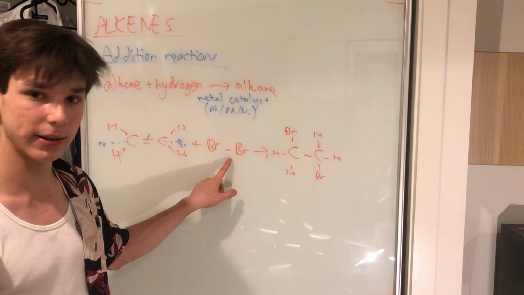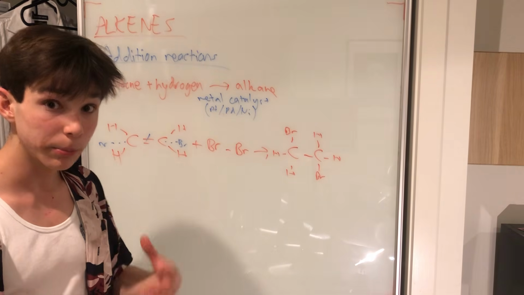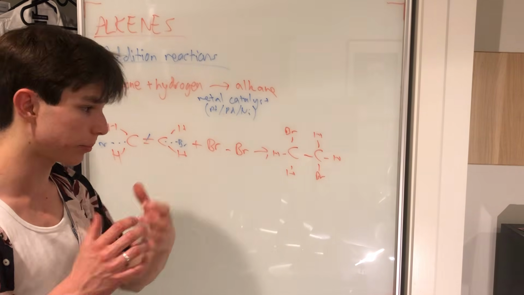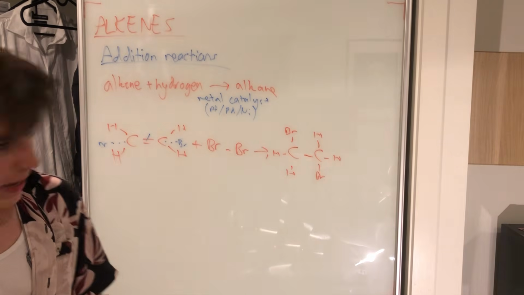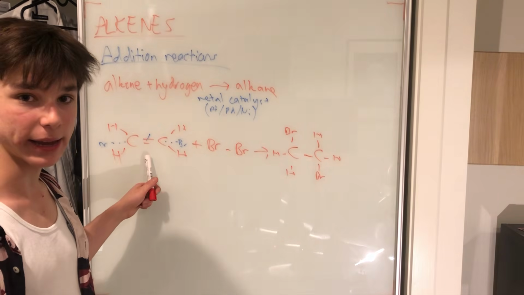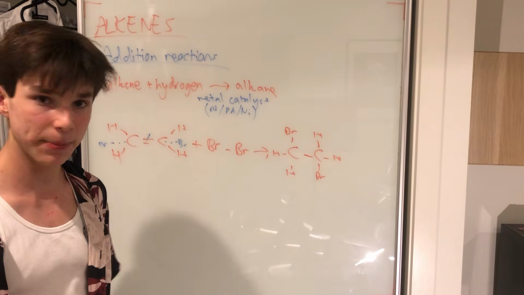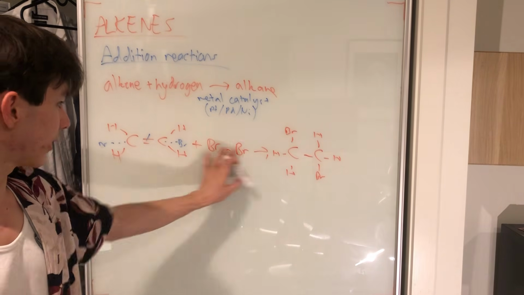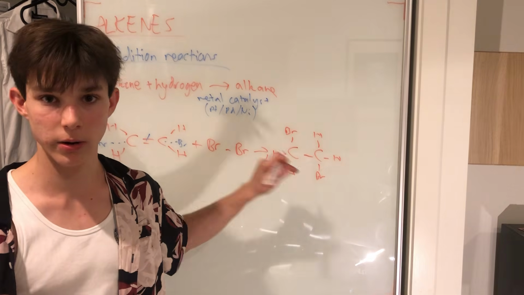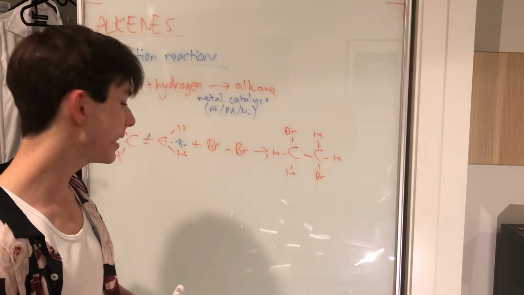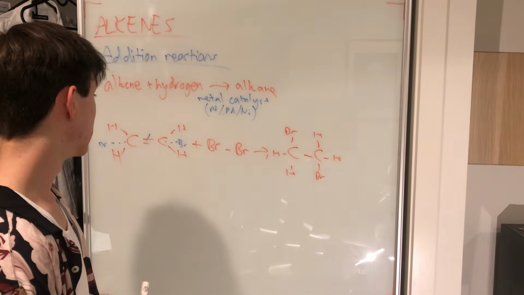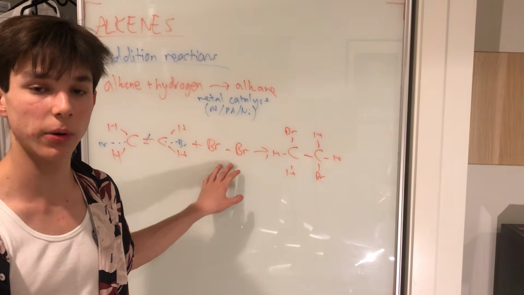So say we have a solution of bromine water. Bromine water is brown, yeah, it has a brown color. If we add an alkene with a double bond in there, this reaction is going to happen. So this stuff is going to become 1,2-dibromoethane, for instance. It's not bromine anymore, it's going to lose its color.